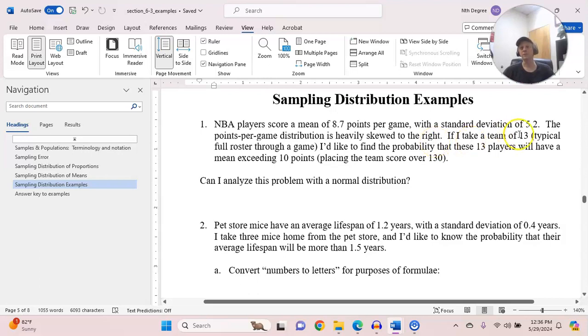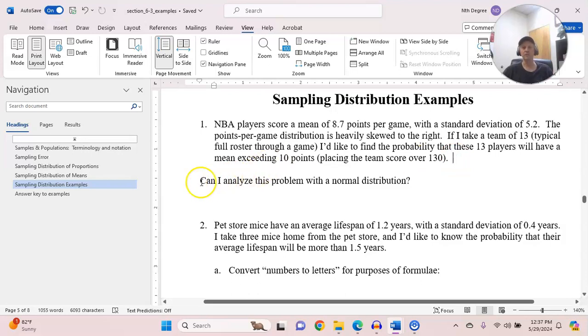If I take a team of 13, which would be a typical full roster through a game, I'd like to find the probability that these 13 players will have a mean exceeding 10 points, which would place the team score over 130. So that's what I would like to find out.